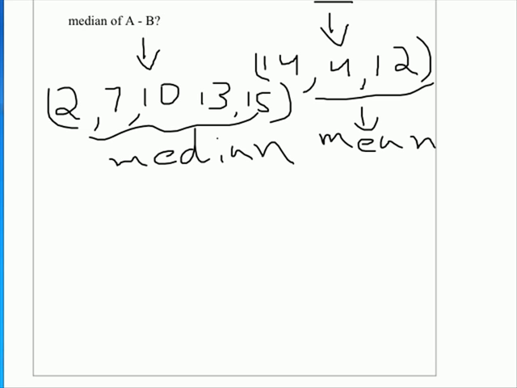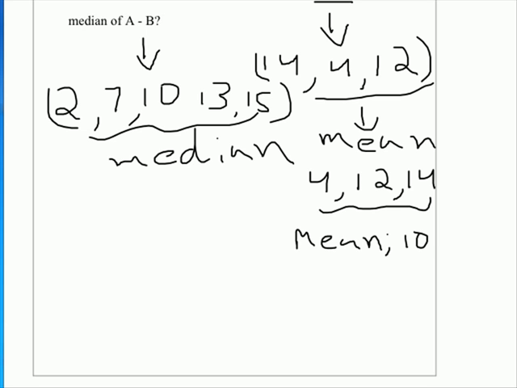Now to find the mean of these values, we need to arrange them in ascending order. So I have 4, 12 and 14, and by simple mathematics I get the mean as 10, which basically is equal to 12 plus 14 plus 4 divided by 3, which is 10.